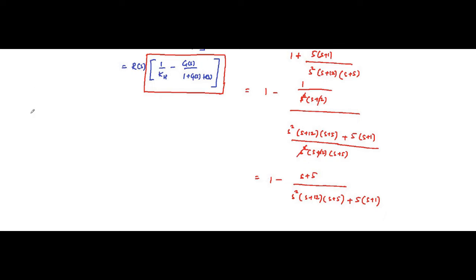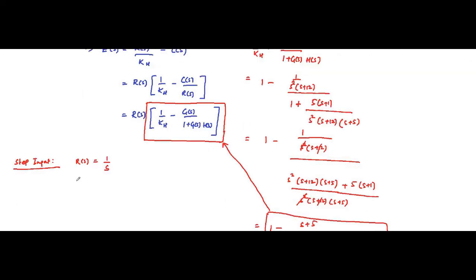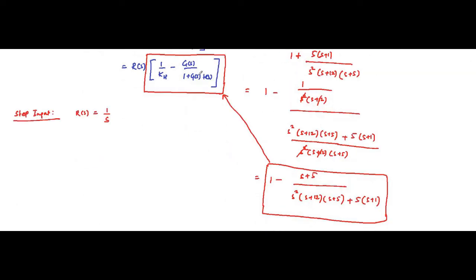So for step input, this is what we require, this much portion. For unit step input we are talking about, R(s) will be equal to 1 by s. So E(s) is equal to R(s) into [1 by Kh minus G(s) by 1 plus G(s)H(s)].